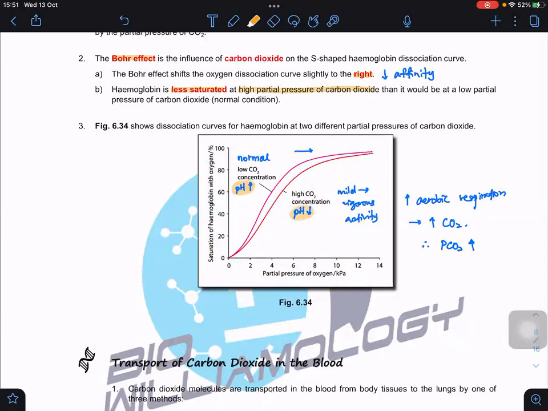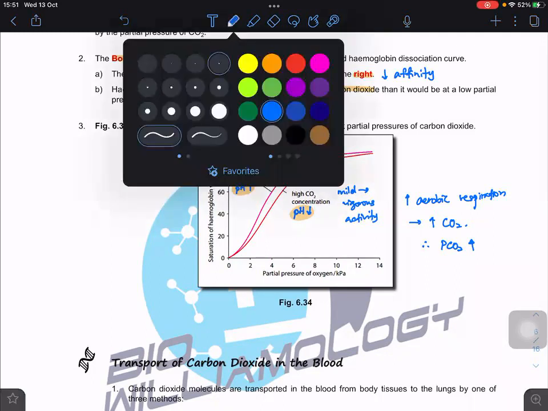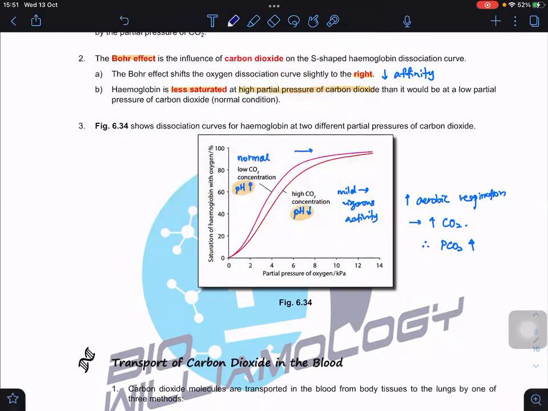So you can see that now the graph is shifted to the right. At 2 kilopascal, you can see roughly about 20% for normal, but lower for the high CO2 concentration or high partial pressure of CO2. Okay, so with this, I've done for today's lesson.